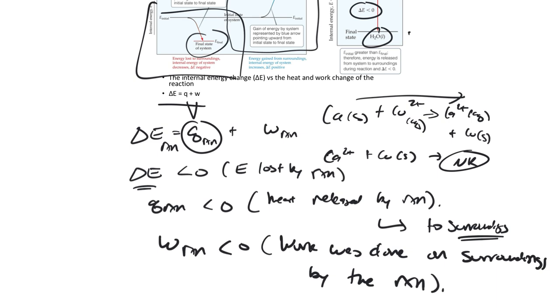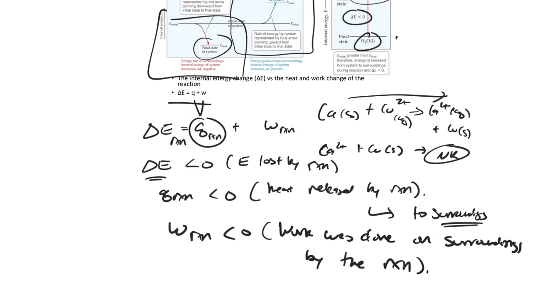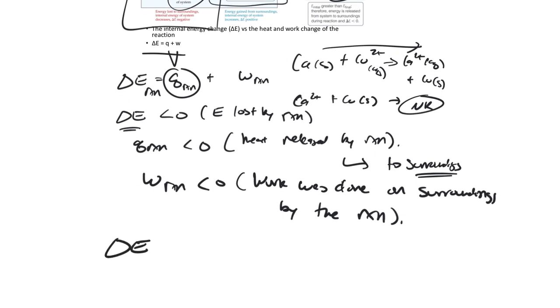So now let's imagine a reaction where, let's just say delta E is minus 100 kilojoules. What that means is I have 100 kilojoules that I can give to the surroundings either in the form of heat or work or the combination of the two. And so what we can do is, let's say Q can be equal to minus 10 kilojoules.